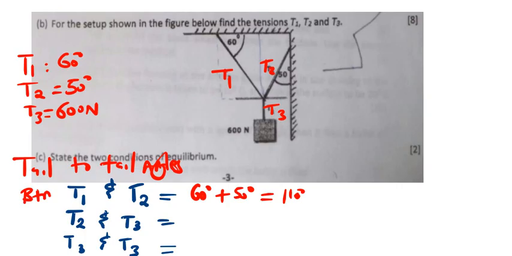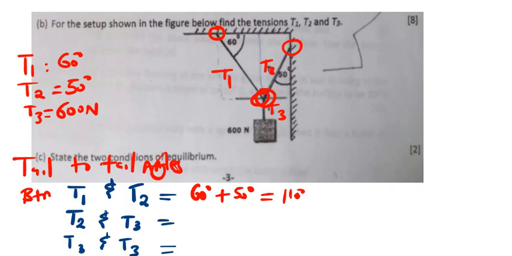When you come to T2 and T3, now between T1, T2 and T3, you're able to see that this T3 is 180. Okay, since it's 180, what do I mean? This is the head of T1, and this is the tail of T1. This is the head of T2, and this is the tail of T2.